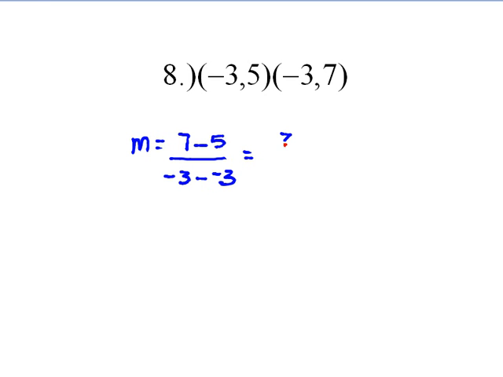So that becomes a 2, and this becomes a negative 3 plus 3, which is 0. When we divide by 0, that slope is undefined. You cannot divide by 0.